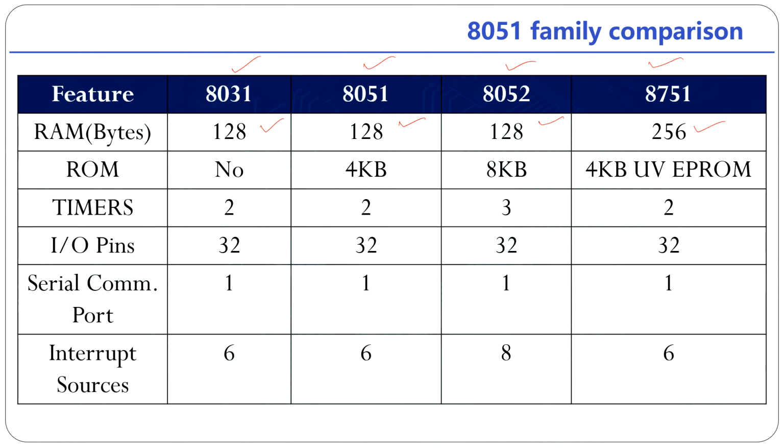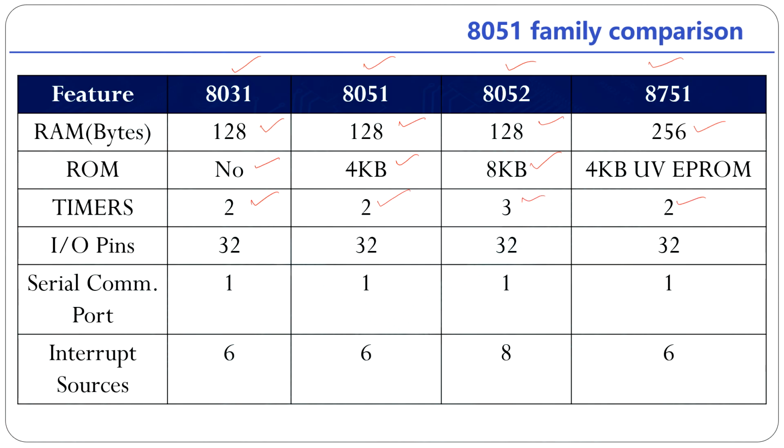ROM size: in 8031, no ROM is available, whereas in the case of 8051, 4 kilobytes; 8052, 8 kilobytes; 8751, 4 kilobytes UV EPROM. Timers are 2 in 8051, 3 in 8052, 2 in 8751.